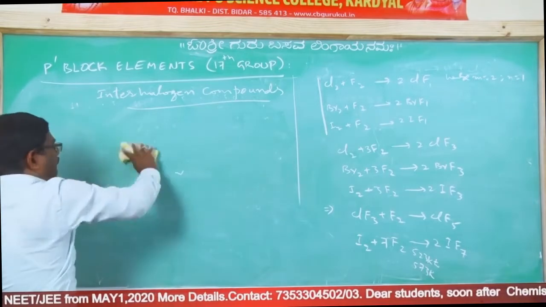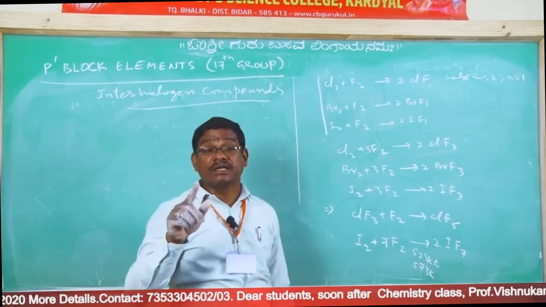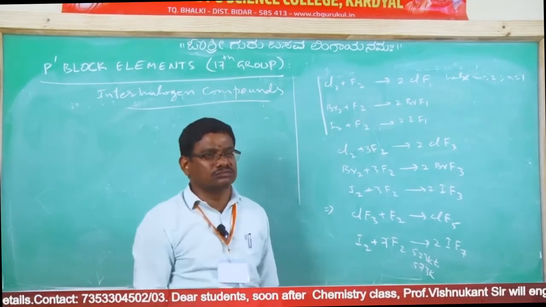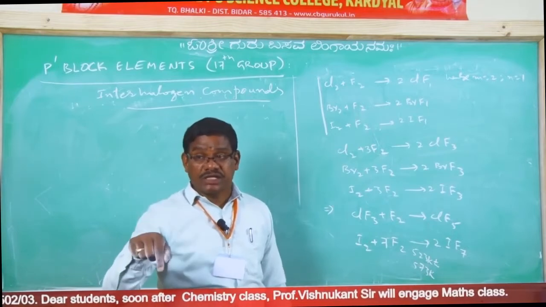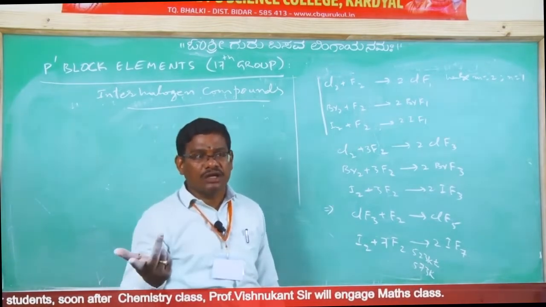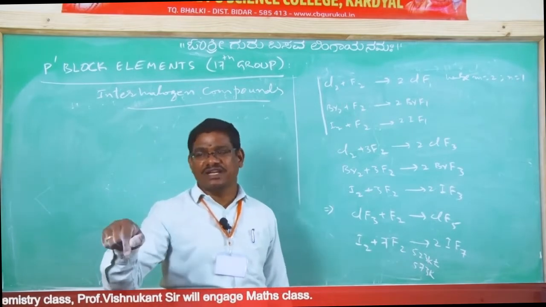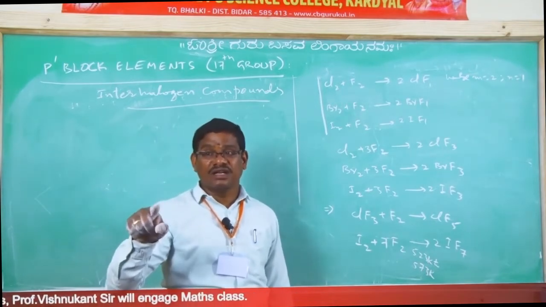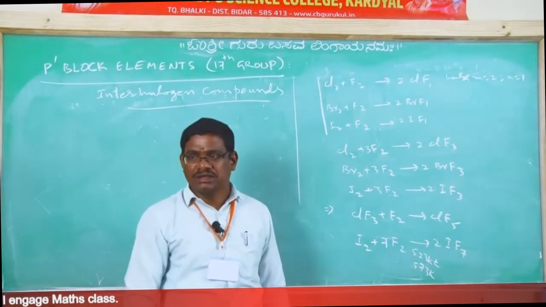Now compare with halogens, interhalogen compounds are more reactive. Point you have to underline. Compared with halogens, interhalogen compounds are more reactive except fluorine. F2 is a halogen that is highly reactive even compared with interhalogen compounds.